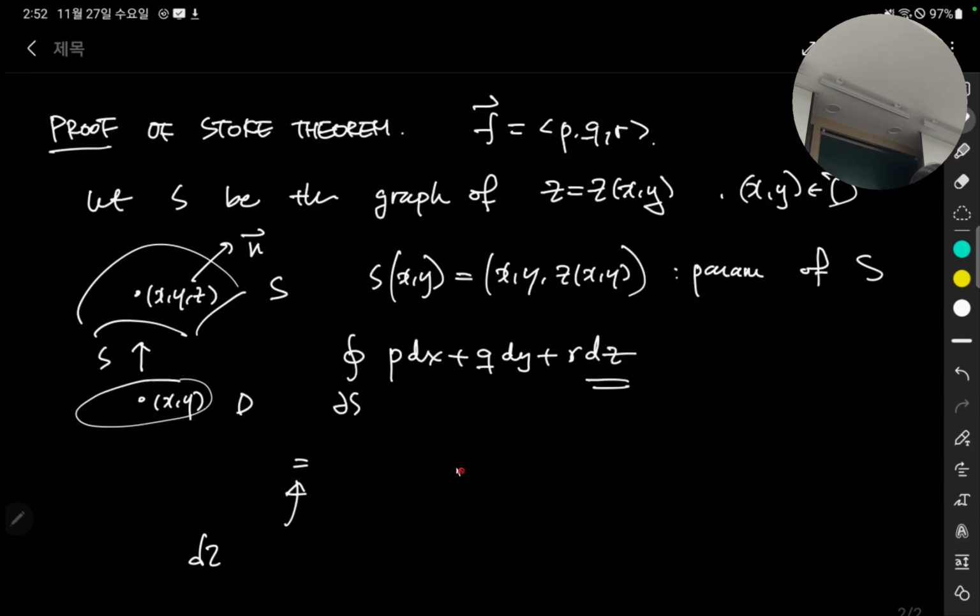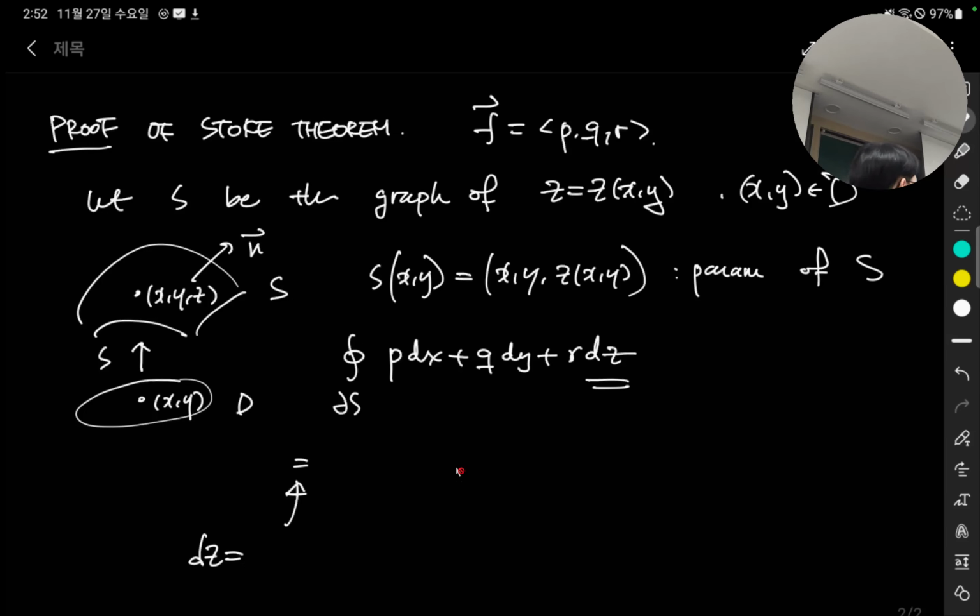So how? If you think about the meaning of dz, although I keep saying that dz has no meaning when you think about this in terms of the line integral, now let's try slowly to give a meaning to this. It's okay to think about dz as the small increment of z.